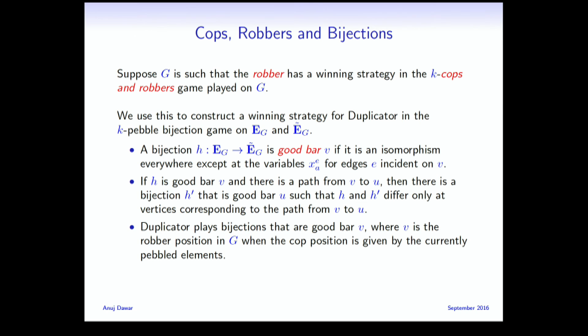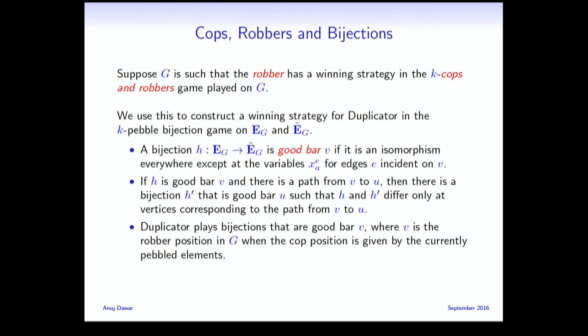Duplicator on the side has a copy of the cops and robbers game, and where the pebbles move, treats that as a move by cops on this, finds a path for robber to take, and changes the bijection along a path, makes no changes where the pebbles actually appear, because that's what the robber strategy guarantees, and the inconsistency between the two systems is always hidden at a position where there are no pebbles, because that's what the cops and robbers game guarantees.